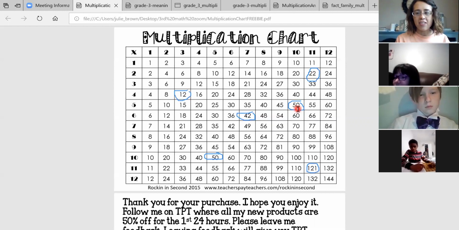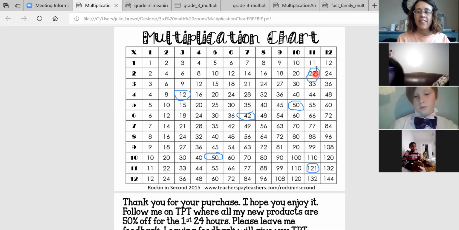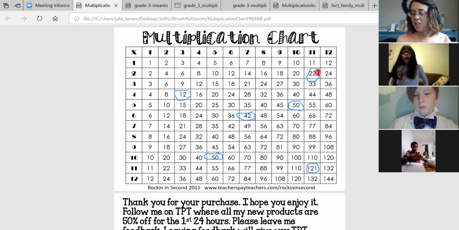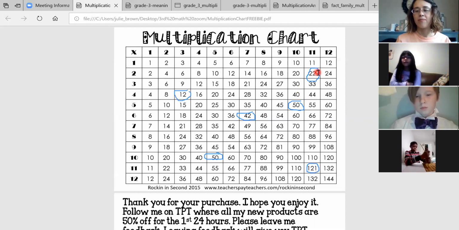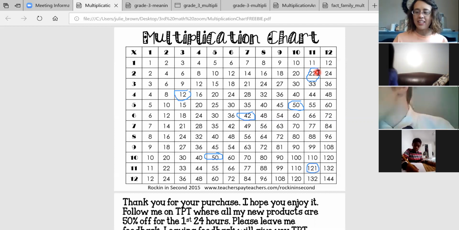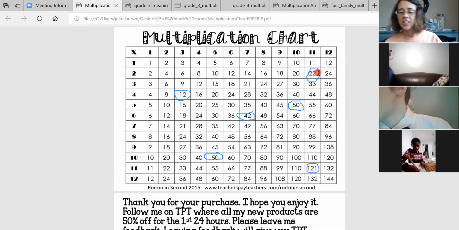Yes. Ashley, if you use 22 and 11 and 2, what dividing sentence can you make? 22 divided by 11 equals 2. Great job. If you guys have pencil and paper, would you write that one down? 22 divided by 11 equals 2.